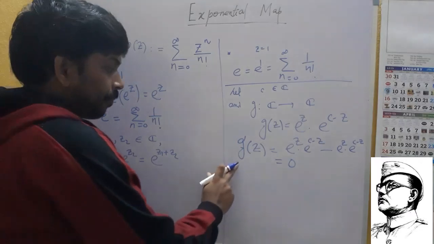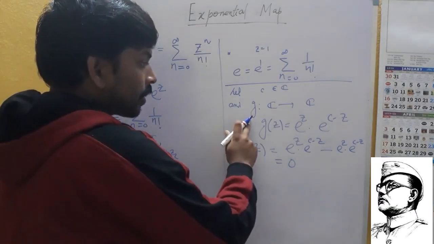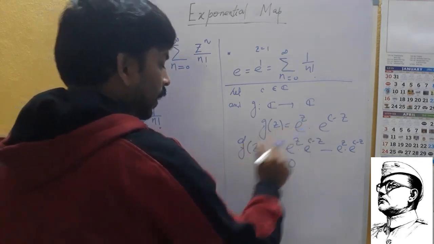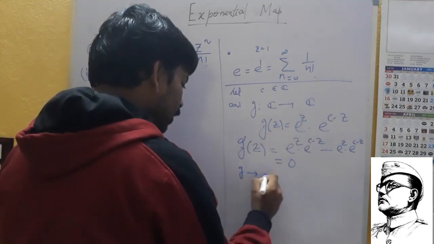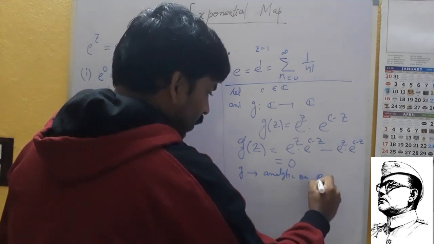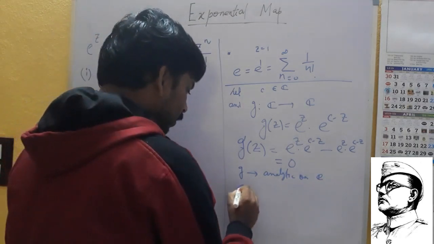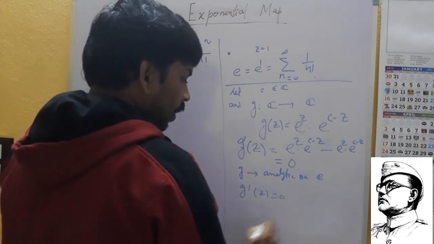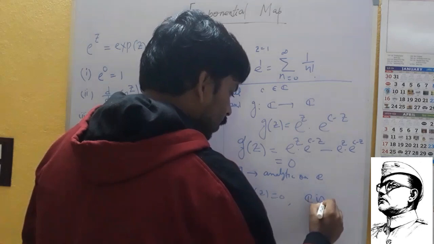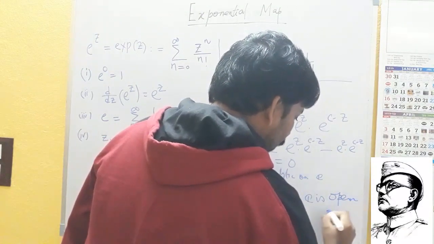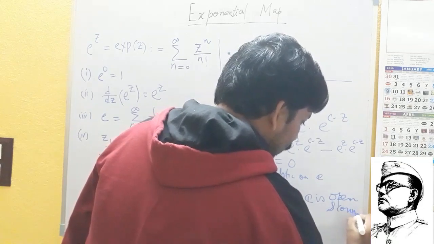So we see that G is an everywhere differentiable function, that means G is analytic on C, and the derivative of G is 0, and C is open and connected, correct.